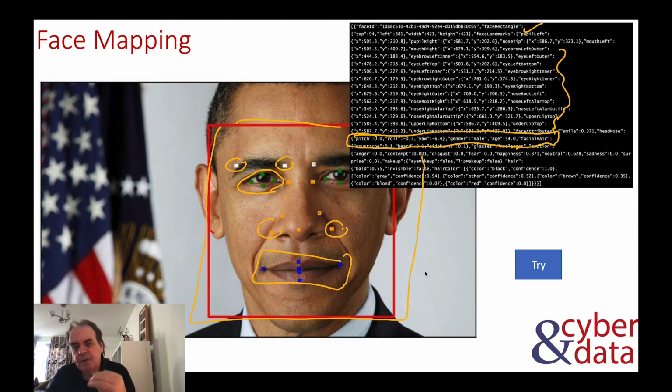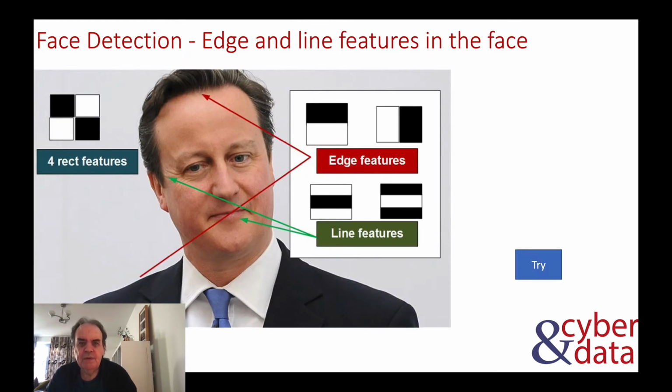Okay, so we want to be able to get a representation such as this and to be able to map that. So what it does is look for edges and lines. In this case, the edge features we're looking for are in terms of the hairline, and then we might be looking at the edge on here. So there are two main edge detections.